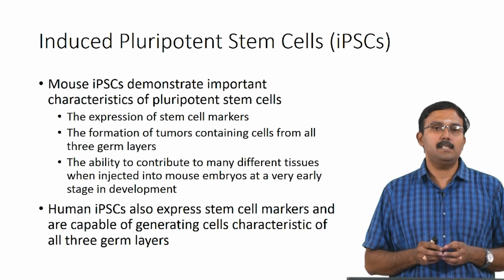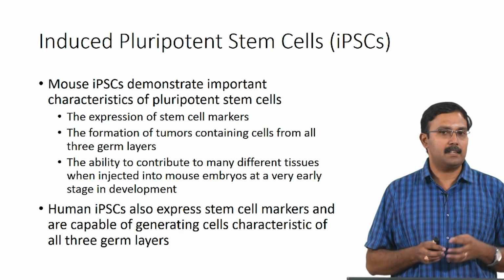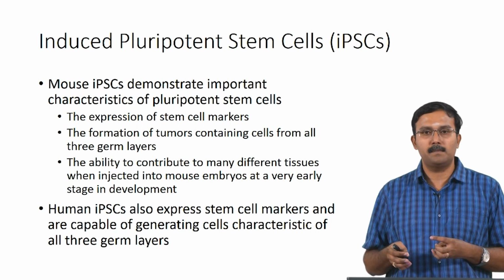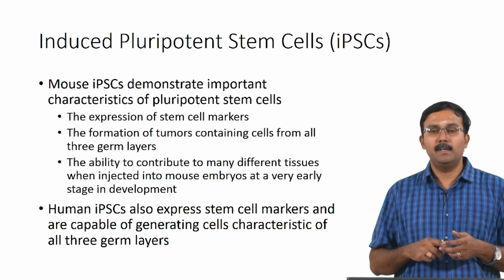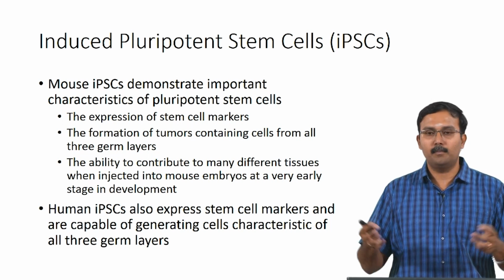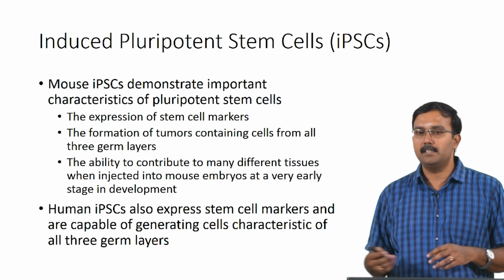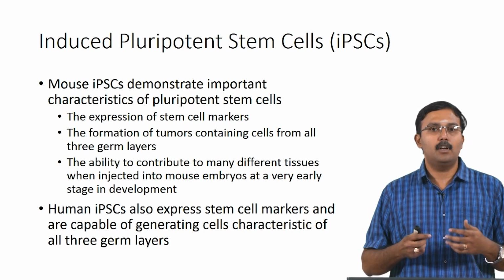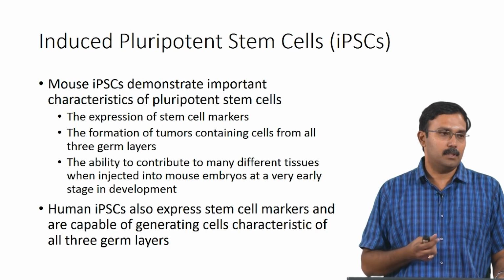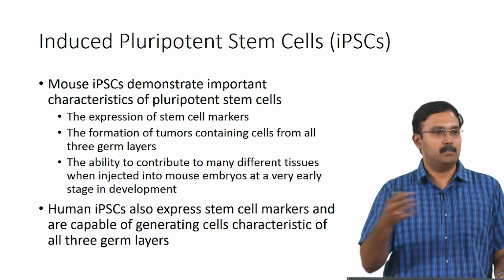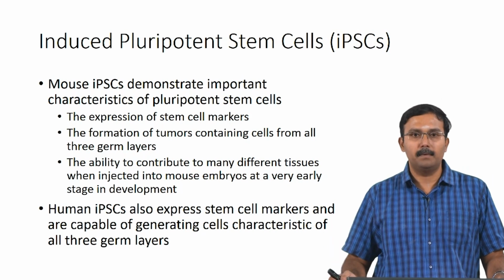Mouse iPSCs demonstrate certain important characteristics seen in pluripotent stem cells, basically expression of stem cell markers, the ability to form teratomas, which are tumors containing all 3 germ layers, and the ability to contribute to many different tissues when injected into the embryo at early stages of development.